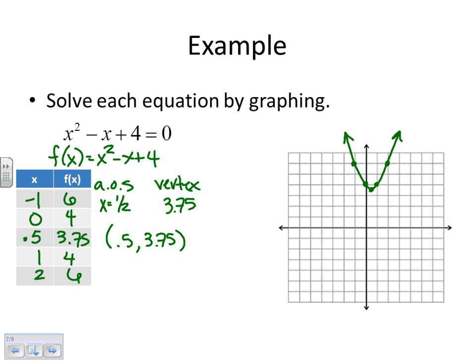And now this one, it never crosses the x-axis. Okay, this graph, because it goes on and on in the positive direction, will never ever cross this x-axis. Okay, so this one has no solution, or null. You want to write the empty set. This is the symbol for an empty set.